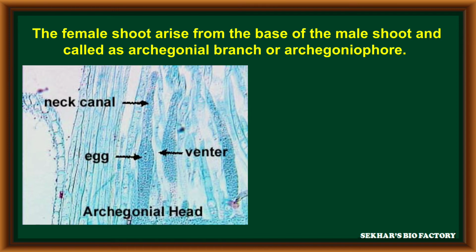The female shoot arises from the base of the male shoot and it is called the archegonial branch or archegoniophore.